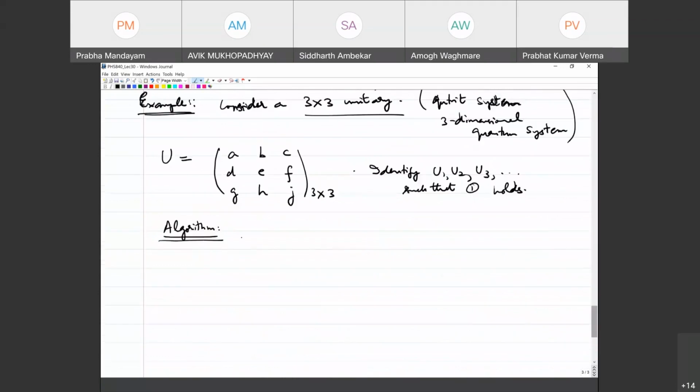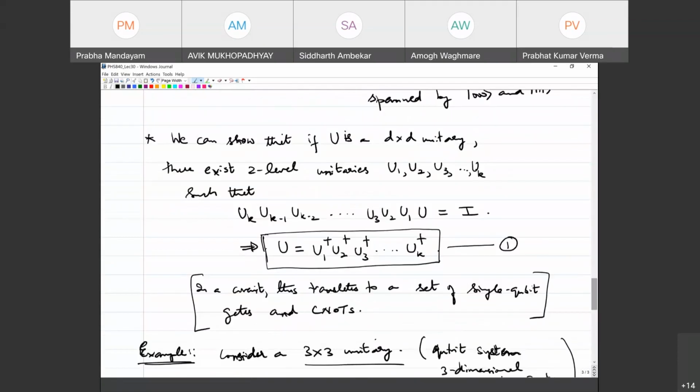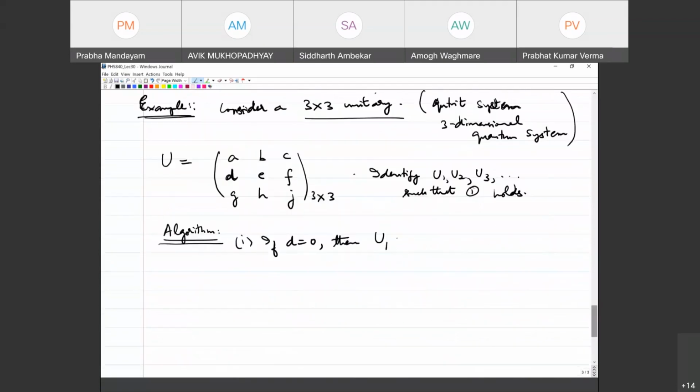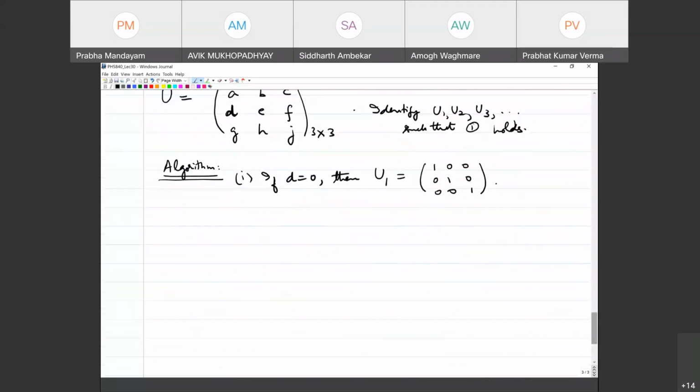The first step says, if D is 0, so it's possible that this element D is already 0, then this U1, and U1, U2, U3, etc. will refer to this statement, so U1 is simply the identity gate. If not, then U1 should be of this form.